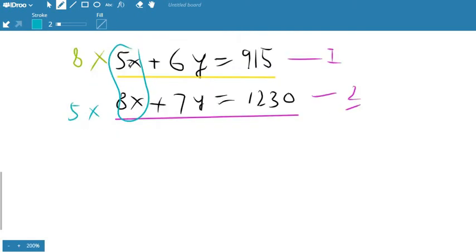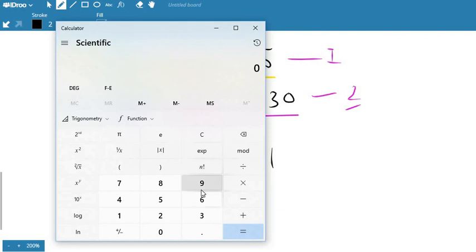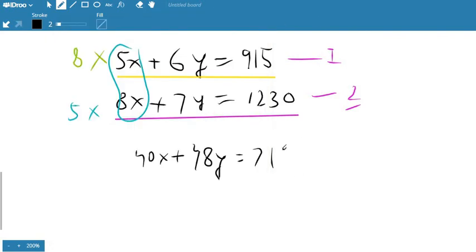If I multiply the first equation with 8, what I get is 40x plus 48y equals, I have to multiply 915 with 8, which is 7320.